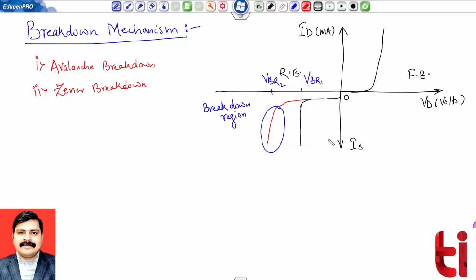For better understanding, I have prepared both on the same VI characteristic. These both represent breakdowns, but this one is Avalanche breakdown, and this is my Zener breakdown.